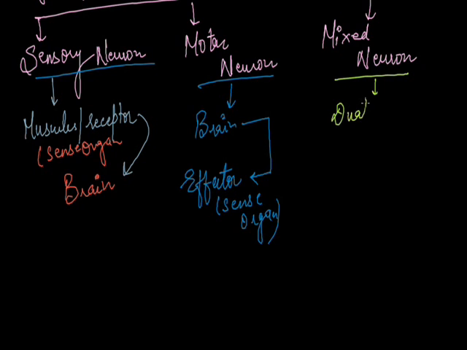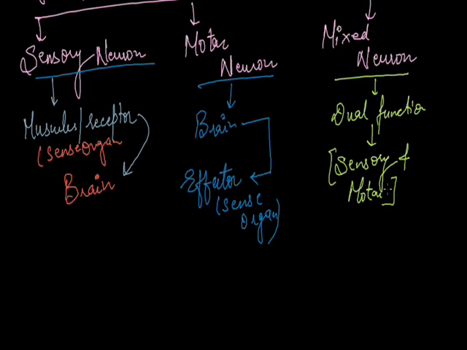It has dual function. It acts as sensory and motor. That is, it takes the message from the sense organ to the brain, and again from the brain it will transmit to the sense organ. The best example of this is vagus nerve.